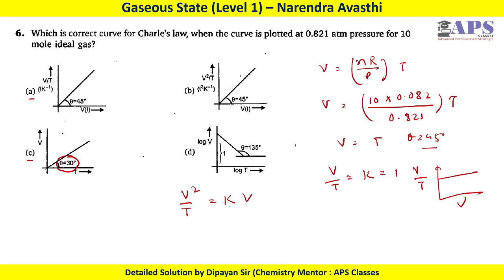Okay, so we can write V square by T equal to V, or if we plot V square by T, it will give a y equal to mx kind of plot, and theta is 45 degree. Okay, this theta will be 45 degree. So option B will be the correct option for question number 6.